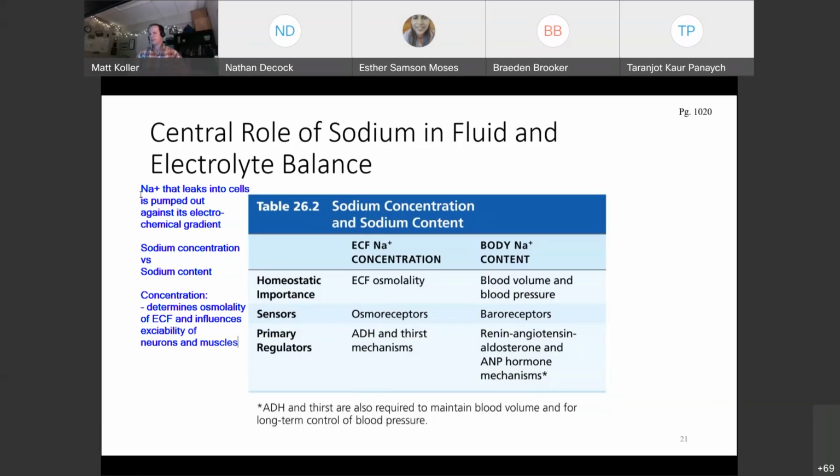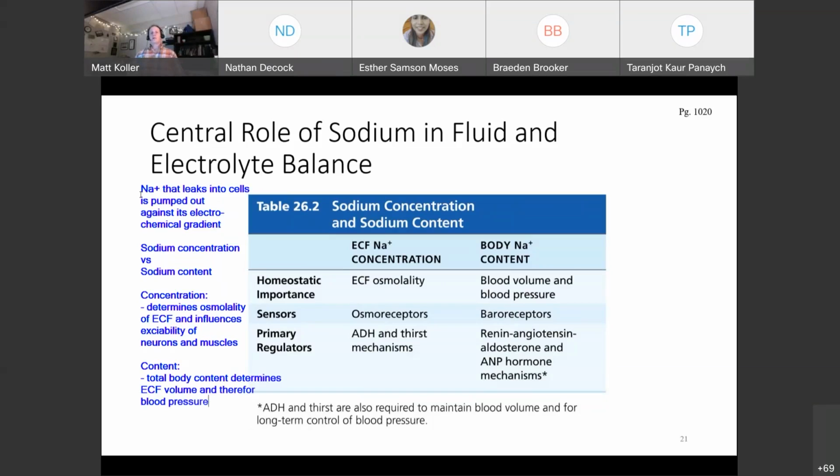Osmolality is basically the concentration of electrolytes and solutes in the fluid. So concentration of sodium affects osmolality. That makes sense. Also will affect the excitability of neurons and muscles. Well, that makes sense because sodium is involved in the excitability of neurons and muscles. Content, total body content, determines extracellular fluid volume and therefore blood pressure.